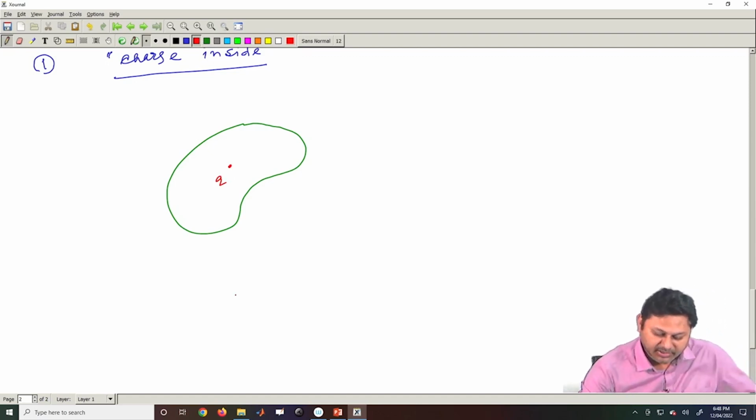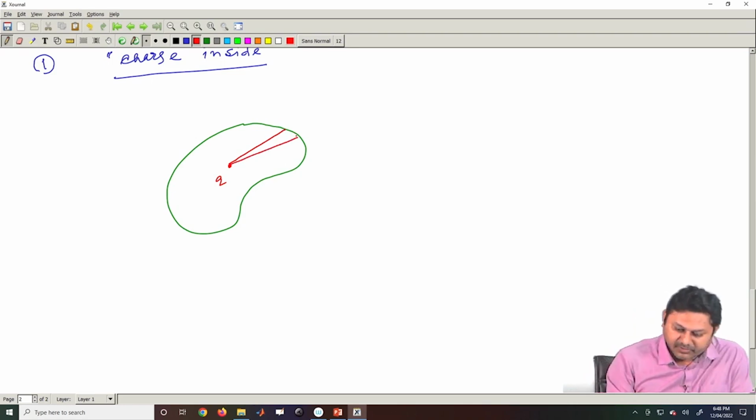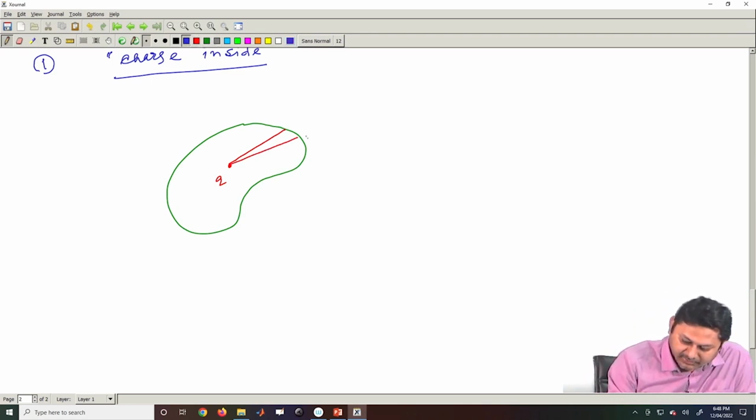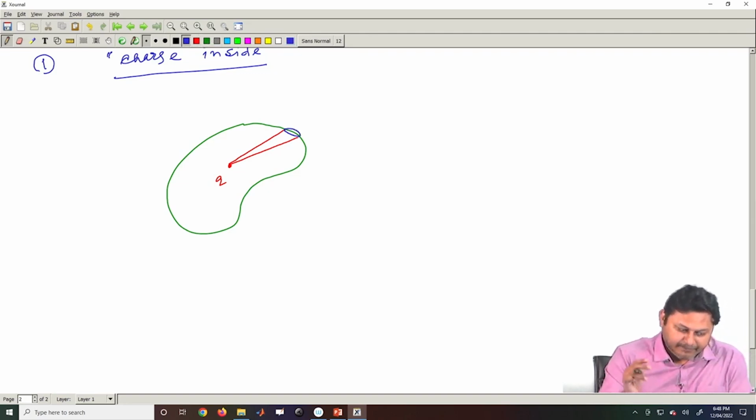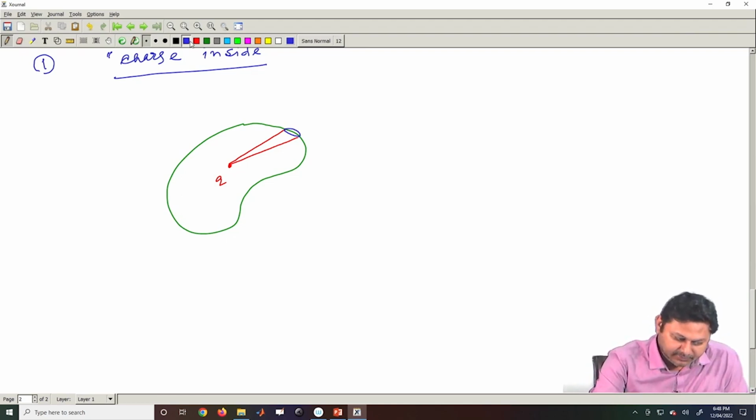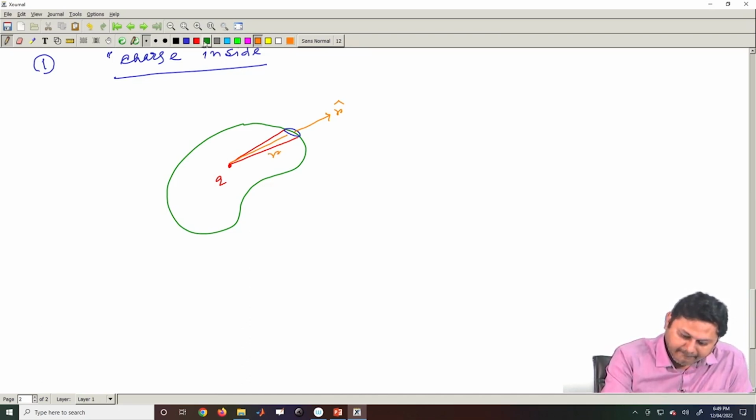If I want to find out what solid angle it makes from this point, I should have an area here, and the r from here to here, this is r.